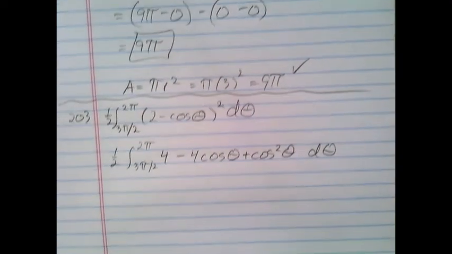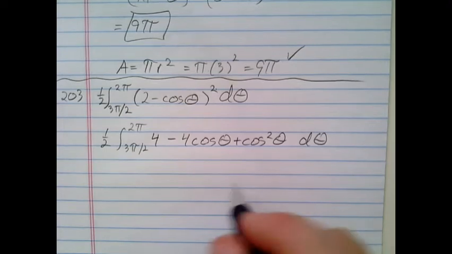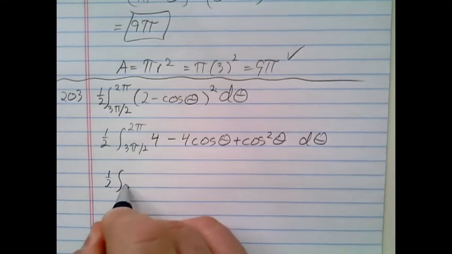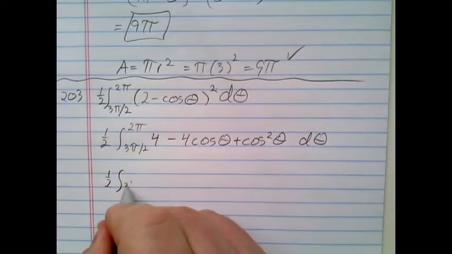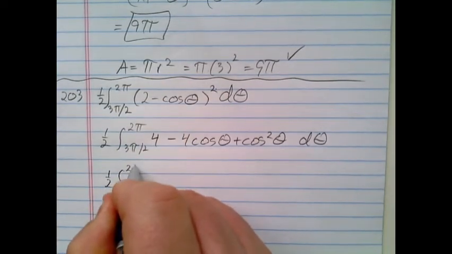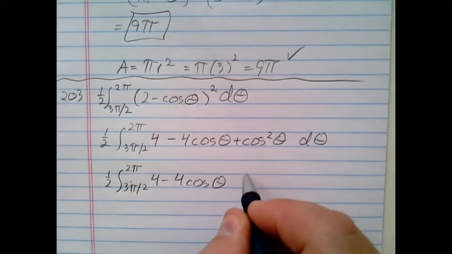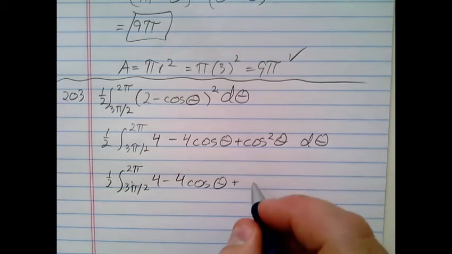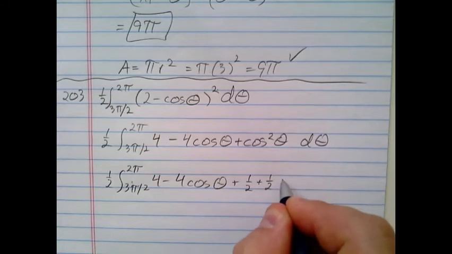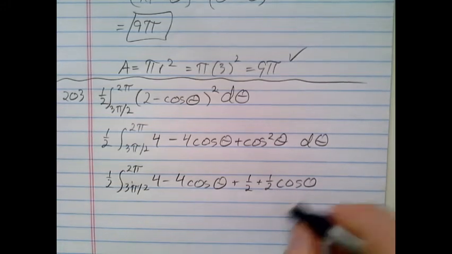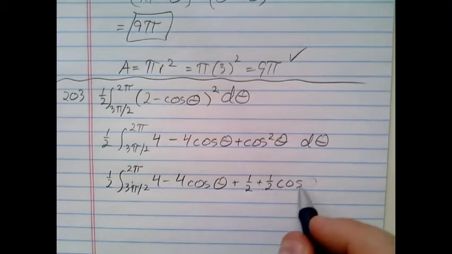Now, as I mentioned before, there is a trig identity that we can apply to cosine squared, very similar to the one for sine squared. Got to be careful that I don't miscopy this. Alright, so here it is. Cosine squared theta can be replaced with 1/2 plus 1/2 cosine 2 theta. The only thing that changes is that this is a plus instead of a minus.